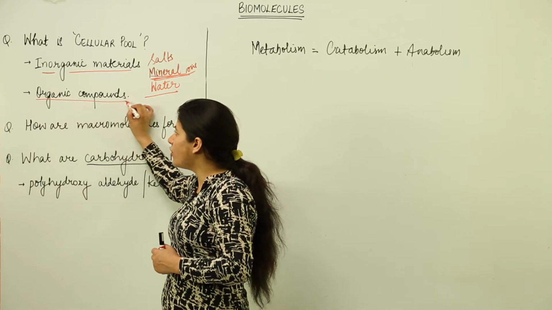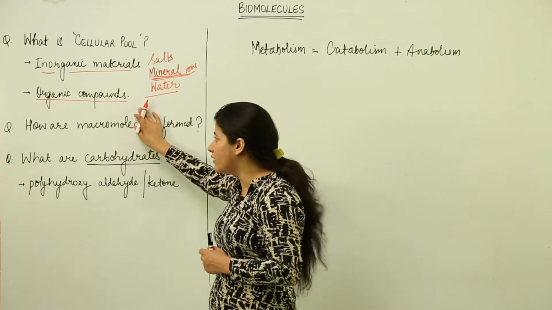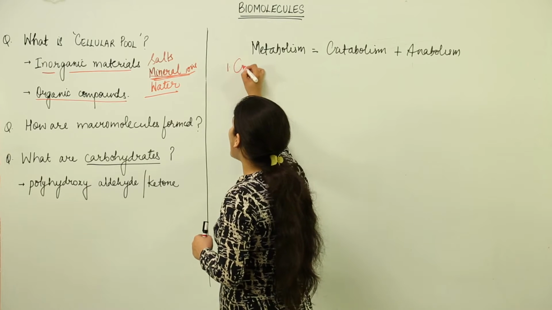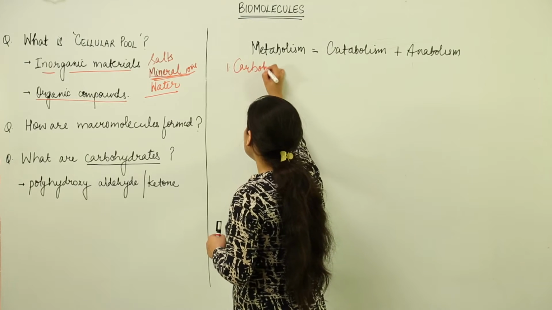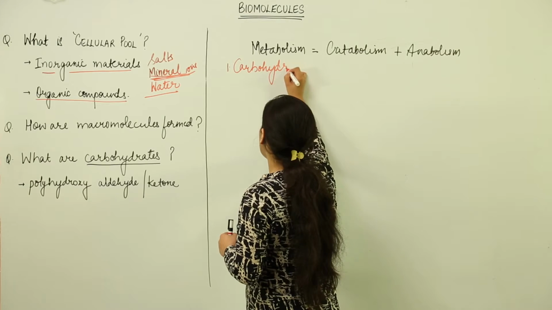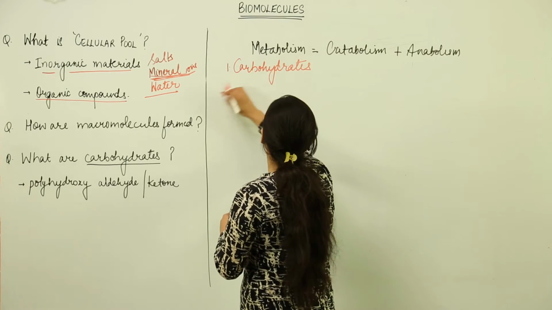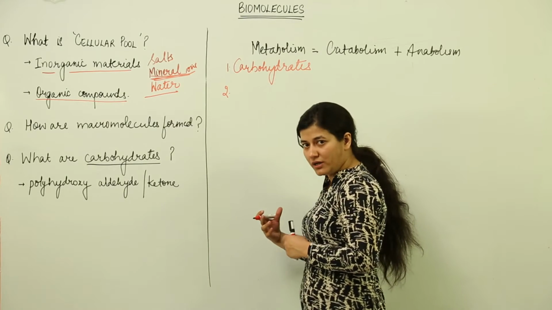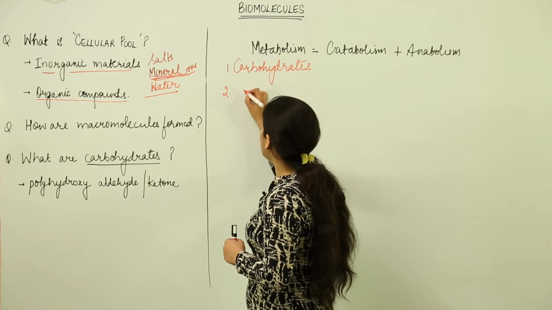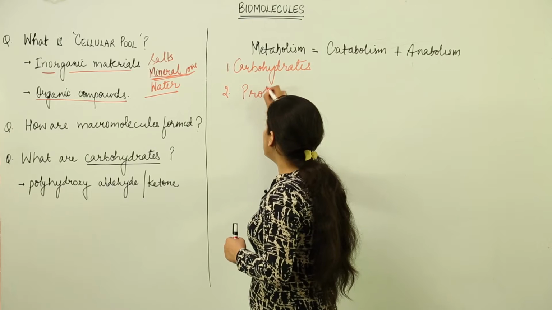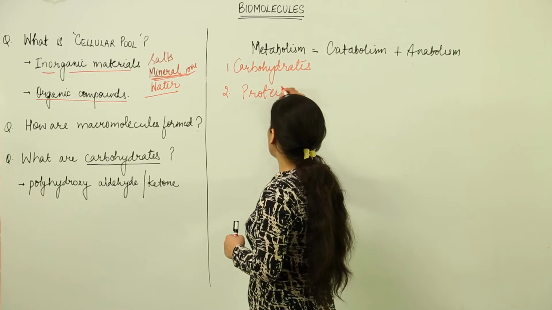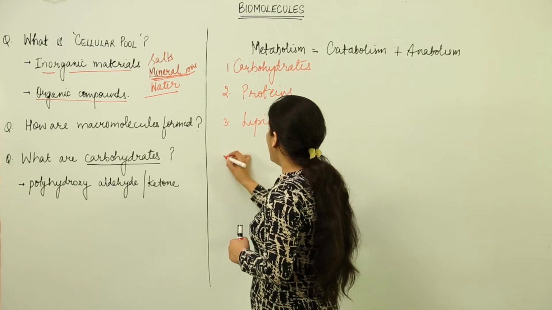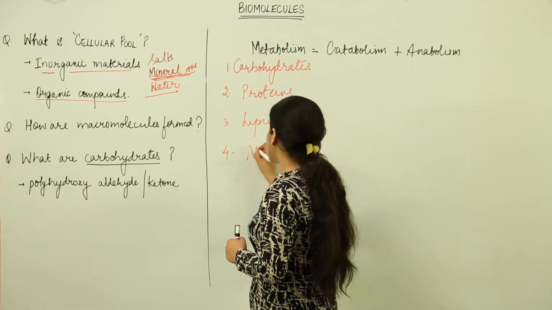What about the organic compounds? There are four major classes of organic compounds that we come across in a cell. The first one is carbohydrates. If you haven't heard this term, these are the sugars that we consume in our food. Then the second one is proteins. The third one is lipids, and the fourth one is nucleic acids.